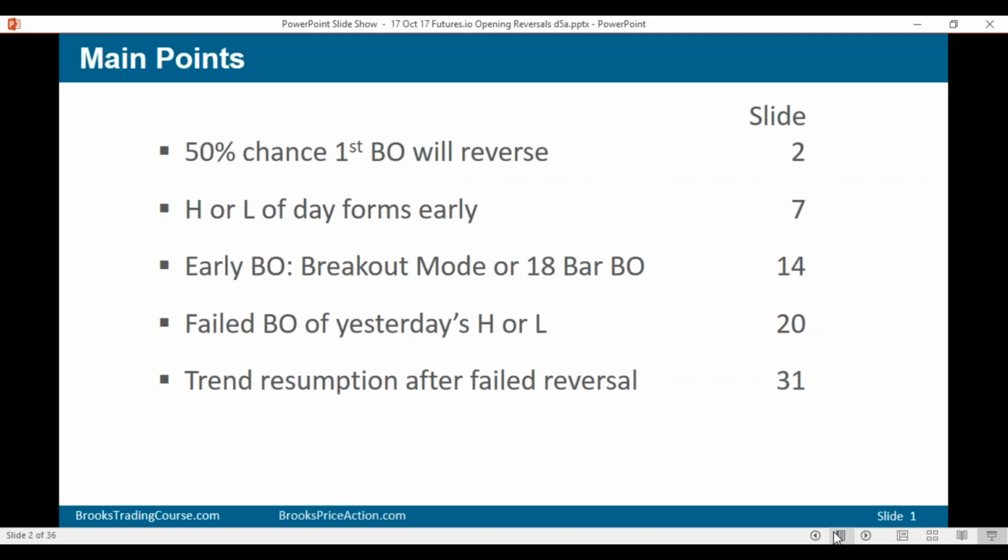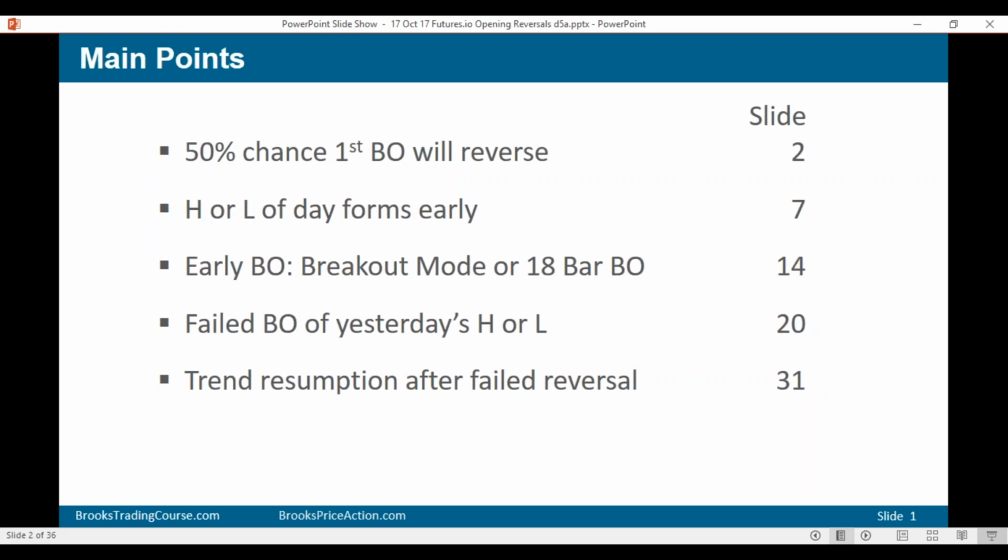I'm going to talk about two kinds of breakouts that occur during the open. One is what I call a breakout mode setup, and then the other is a breakout of the range of the first 18 bars. And then there's another pattern. If I have time, I'll talk about that as well. And that is if the market trades above yesterday's high or low and reverses, there are different ways to trade that, especially if you have a second entry on the reversal.